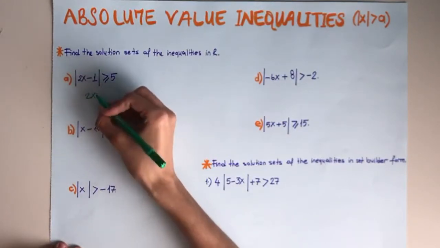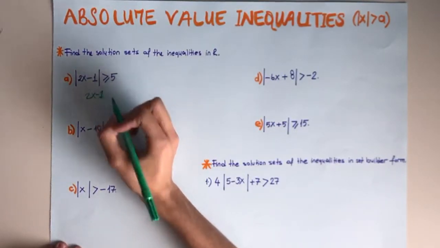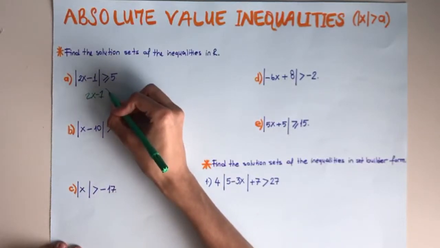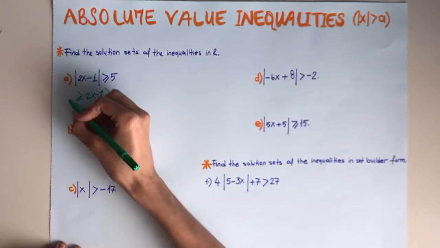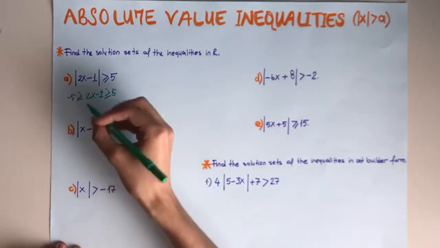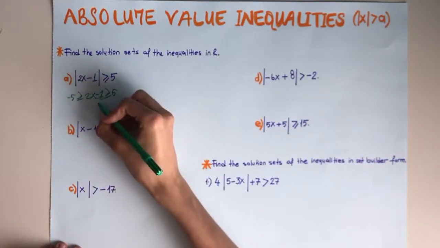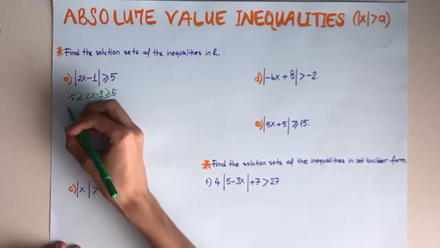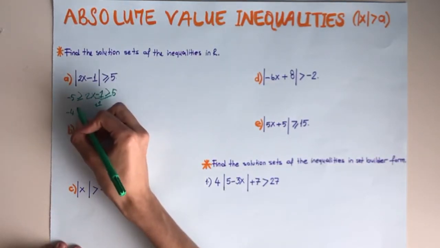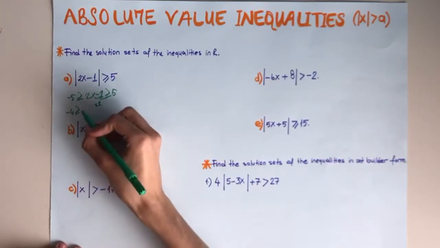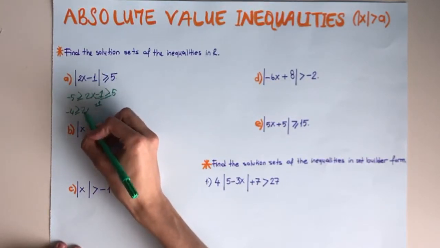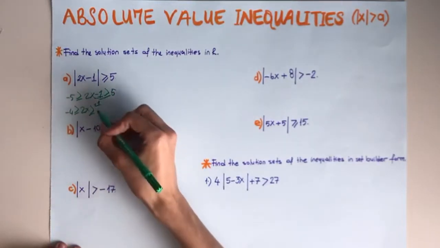We're again gonna write this without the absolute value sign, bigger than 5. And then again we're doing the same. Yes, and then to leave x alone, we're adding plus 1, which will make this inequality minus 4 is bigger or equal to 2x, which is bigger or equal to.